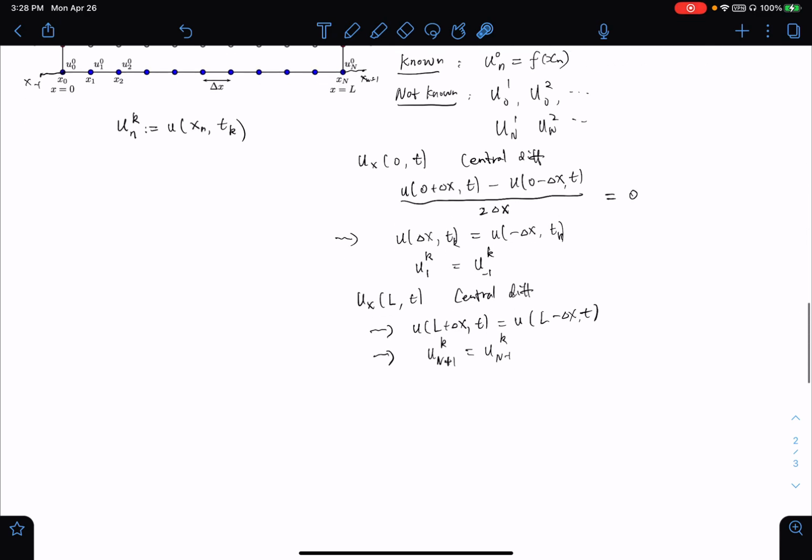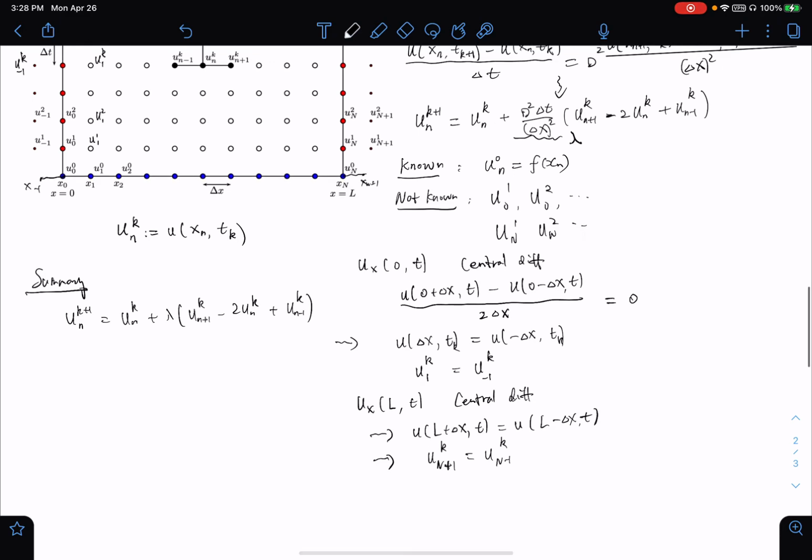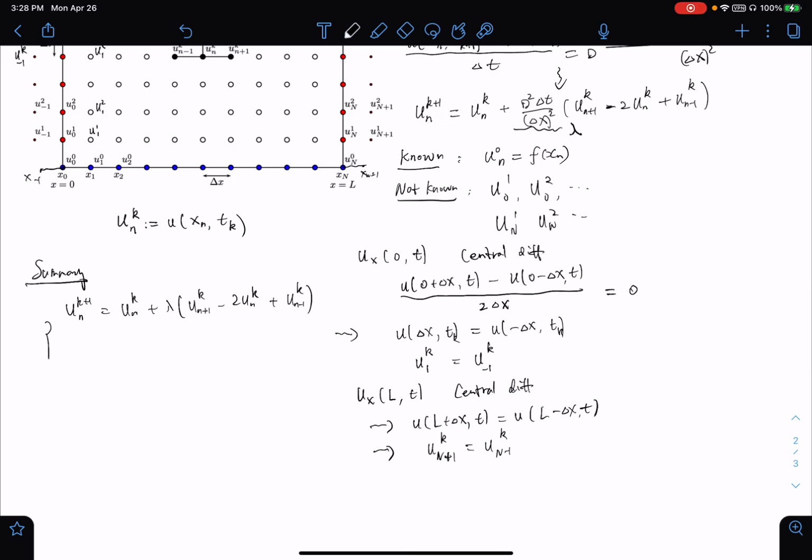So in summary, we have this recursion formula: u_n^{k+1} is equal to u_n^k plus lambda times (u_{n+1}^k minus 2 u_n^k plus u_{n-1}^k), and we have u for time step 0, u_n^0, equal to f of x_n.